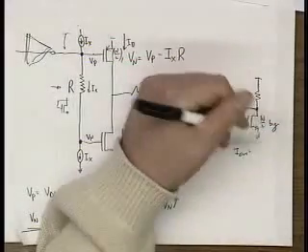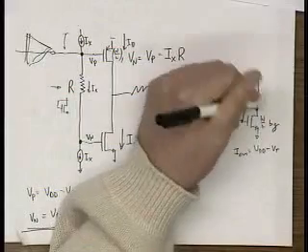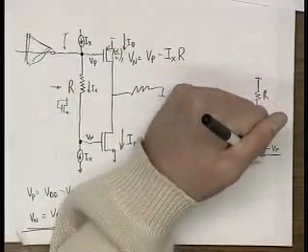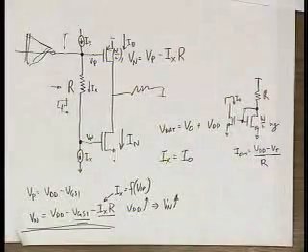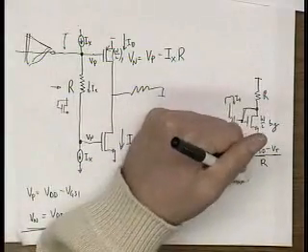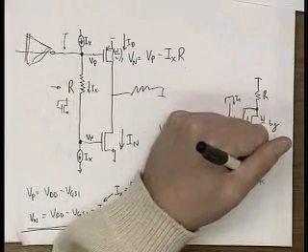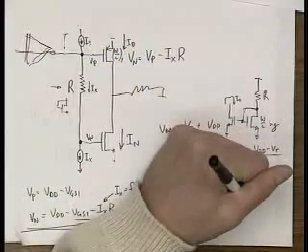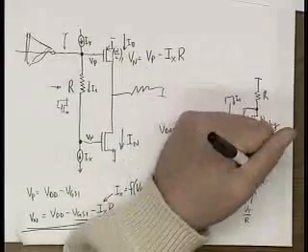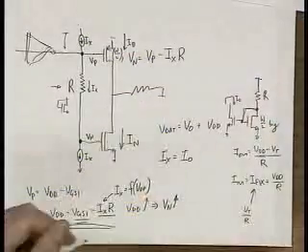I out is equal to VDD minus VT over R, right? So therefore, I out is equal to some I fix, which in this case is minus VT over R, plus VDD over R.